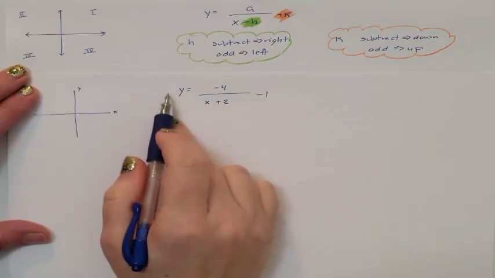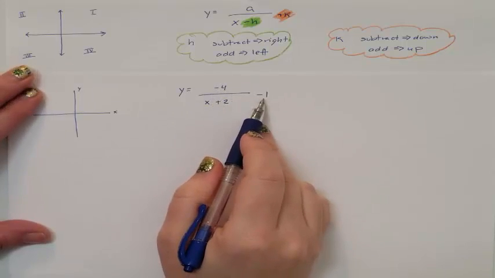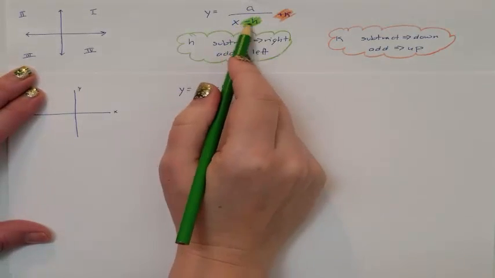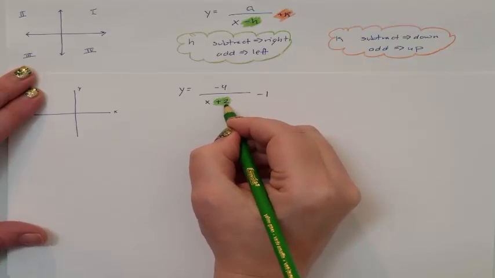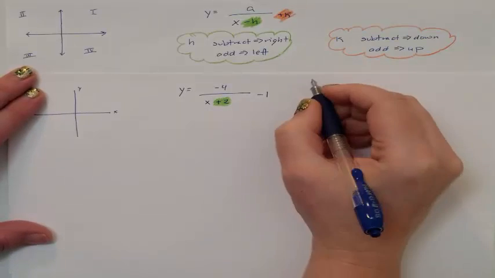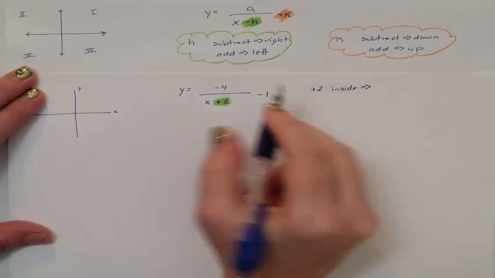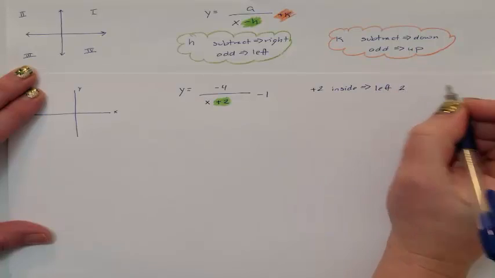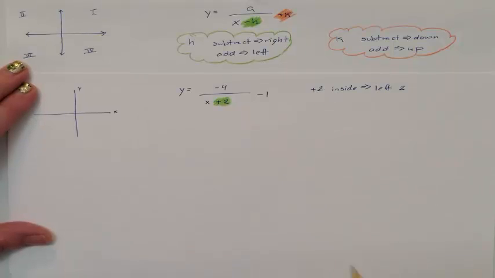This is going to be our first problem, and we need to identify what the -4, the +2, and the -1 do for us. Reviewing our h's and k's, my h is the thing on the inside done to x. So I have this added 2 on the inside. It told me to go left 2. If I'm moving left 2, that means my entire asymptote also goes left 2.